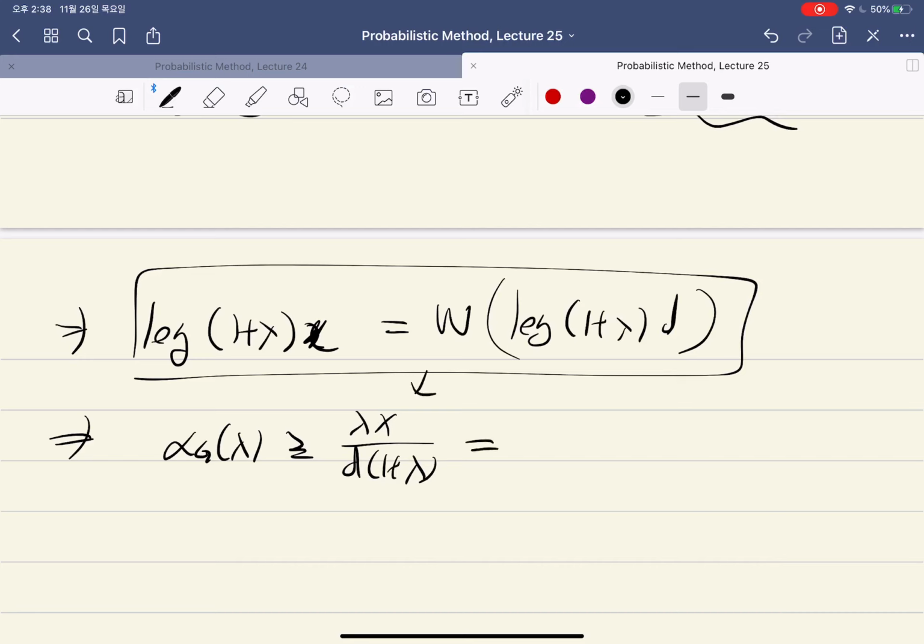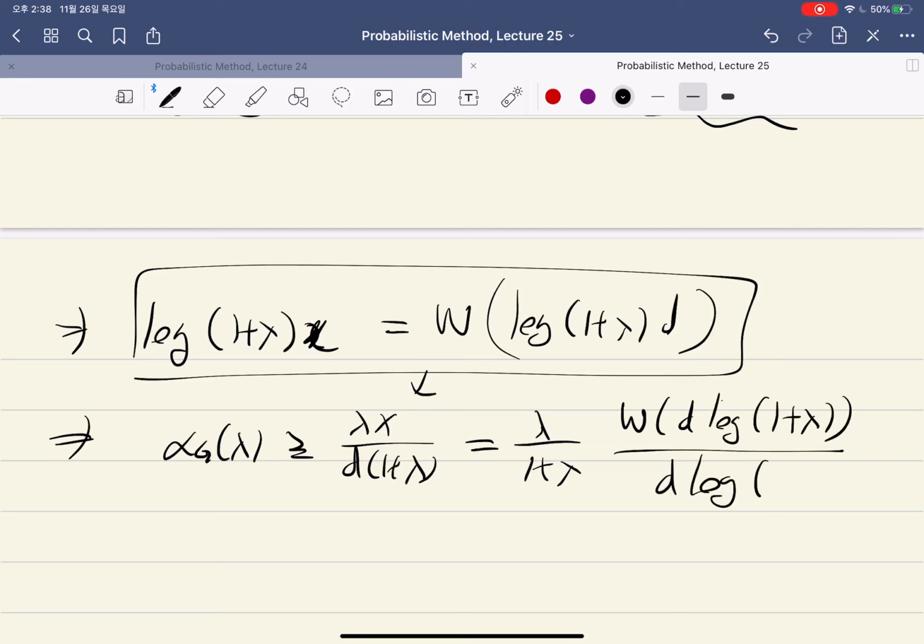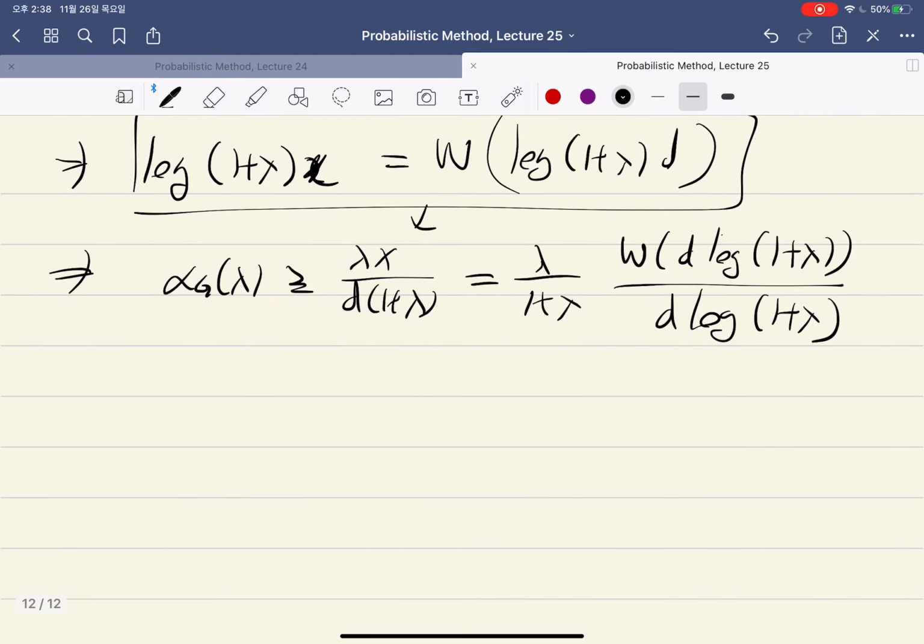Then you plug this in, and you get some equation, which is not too important to actually know what it is.